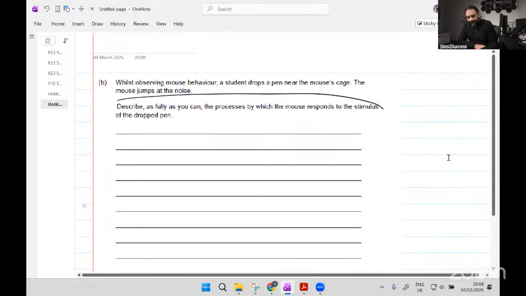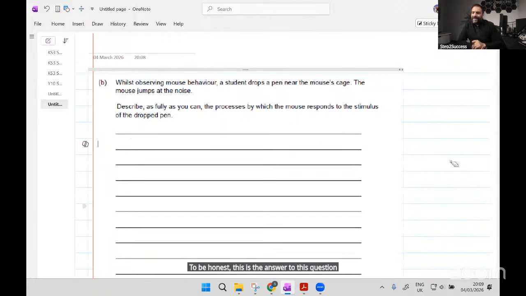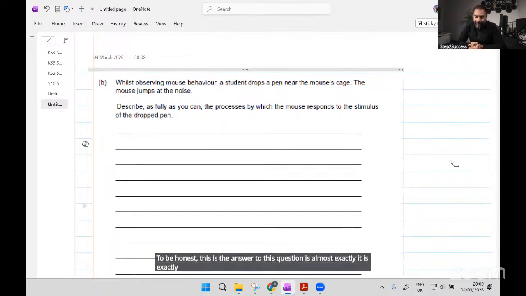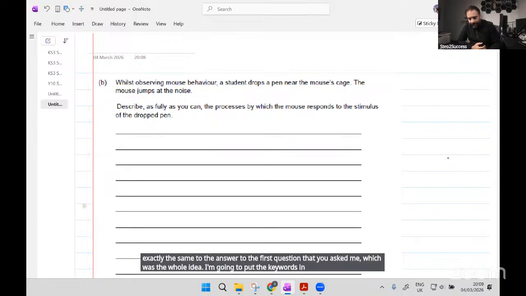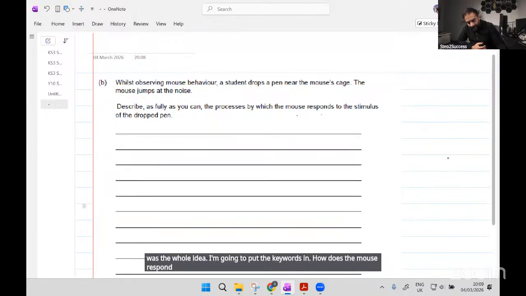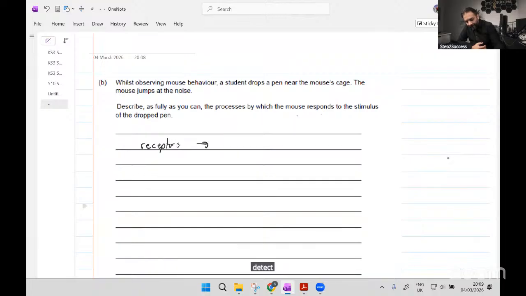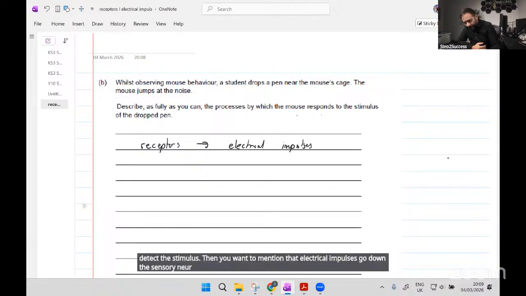To be honest, the answer to this question is almost exactly the same as the answer to the first question that you asked me. I'm going to put the keywords in. How does the mouse respond to the stimulus? So you need to say that the receptors detect the stimulus. Then electrical impulses go down the sensory neuron. It's exactly the same thing.